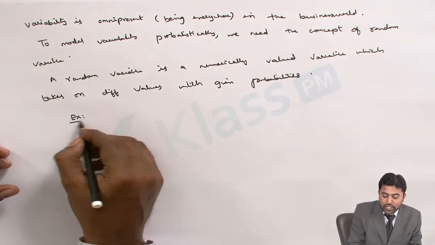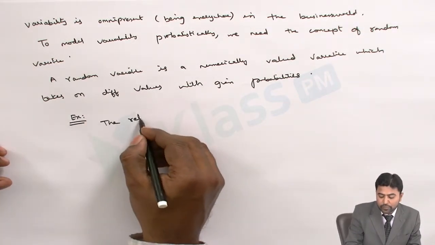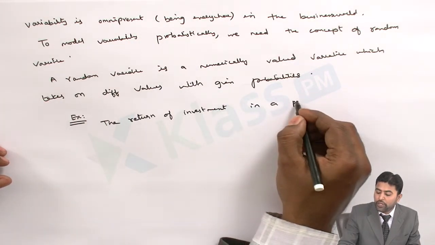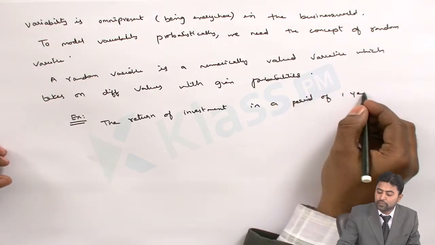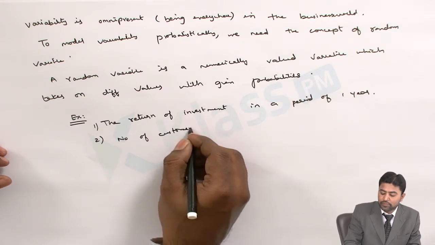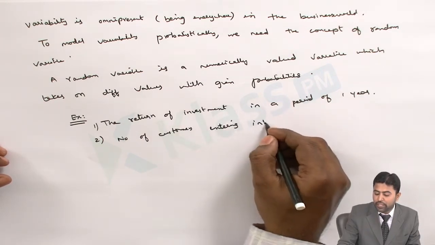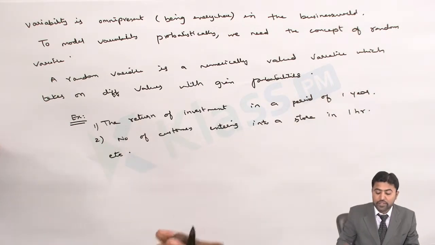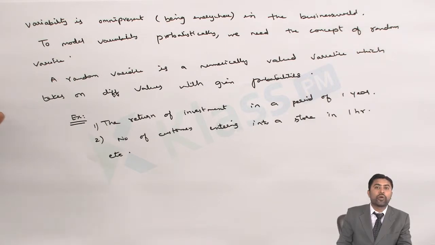Some examples of variability are the return on investment in a period of 1 year, or the number of customers entering a store in 1 hour, etc. We cannot predict what the return on investment in a year will be, or the number of customers entering the store in 1 hour or 1 day.